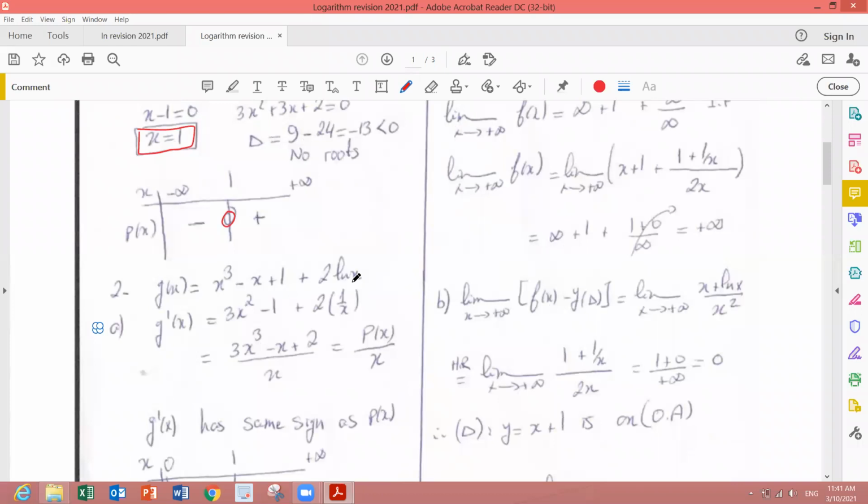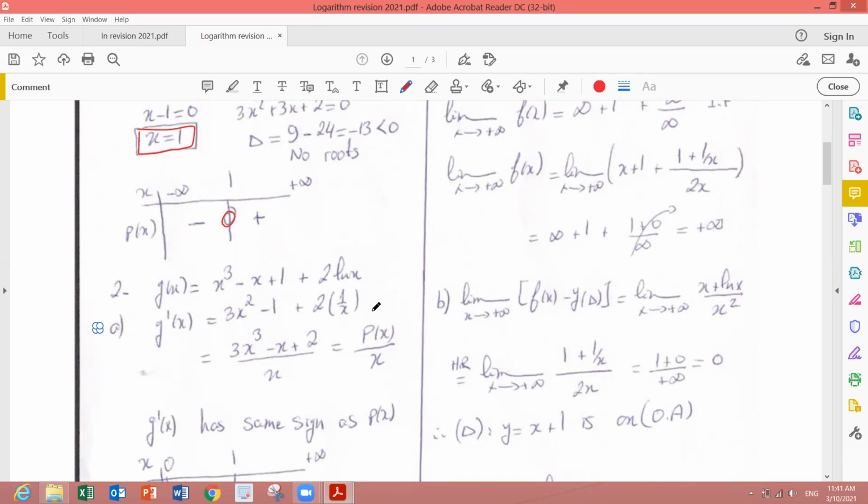Derivative of 1 is 0. Derivative of ln x is 1 over x. We take the LCM, which is x. x times 3x squared is 3x cubed, minus x, plus 2 over x. So P(x) over x.